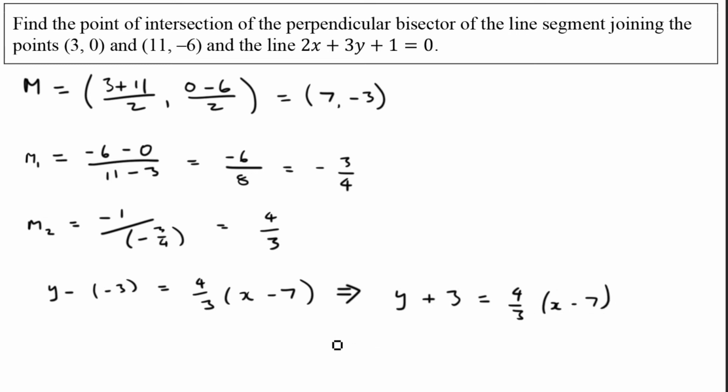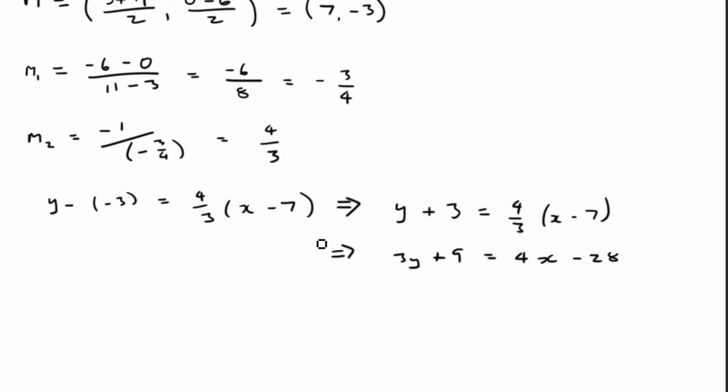Let's multiply through by 3, giving us 3y plus 9, and also expand the brackets on this side, is 4x subtract 28. Getting everything on one side, we have that 4x subtract 3y subtract 37 is 0. Let's call that equation 1. It's the equation of our perpendicular bisector.